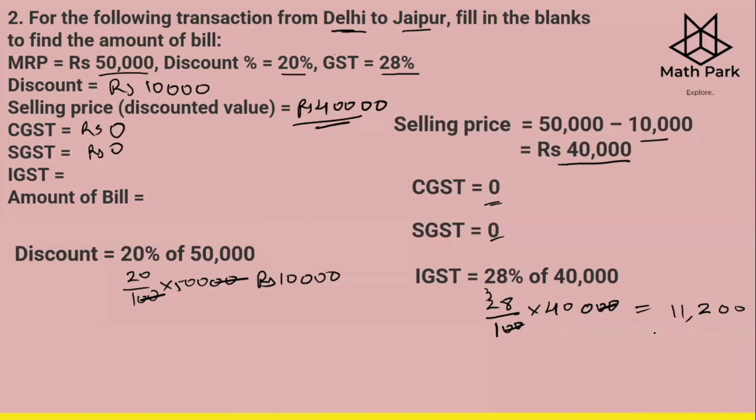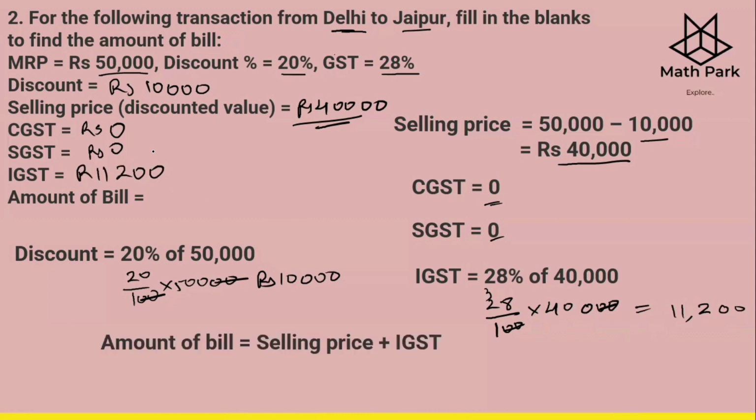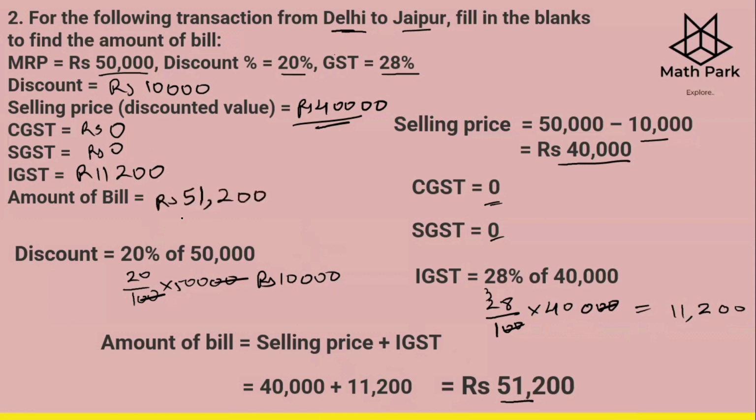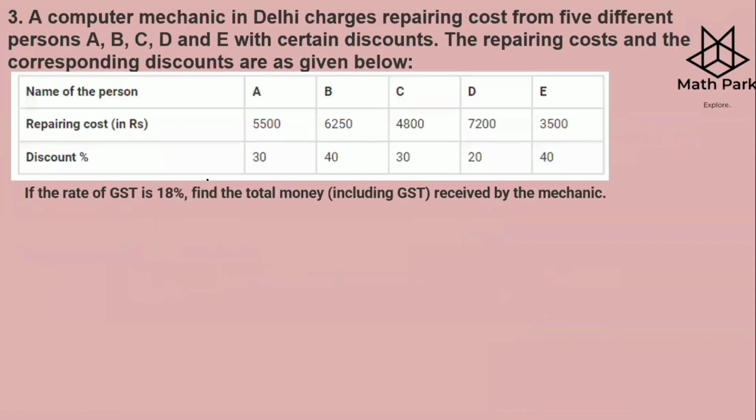So it is 11,200 is the IGST. So IGST is rupees 11,200. The amount of bill is the selling price plus IGST, which is 40,000 plus 11,200, and that is rupees 51,200. So the amount of bill for this transaction is rupees 51,200. Easy that. Question number 3.